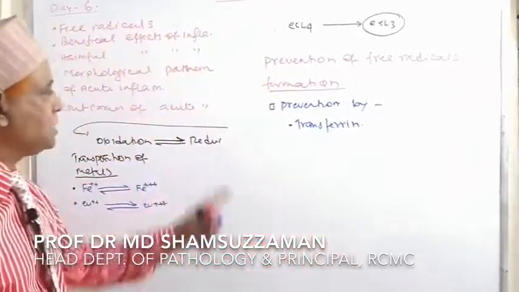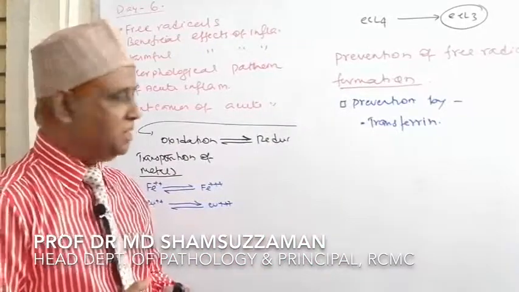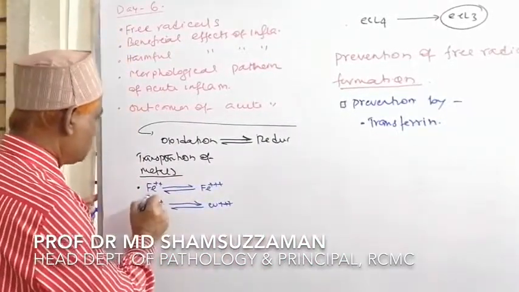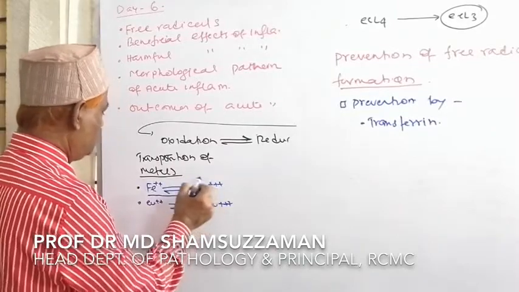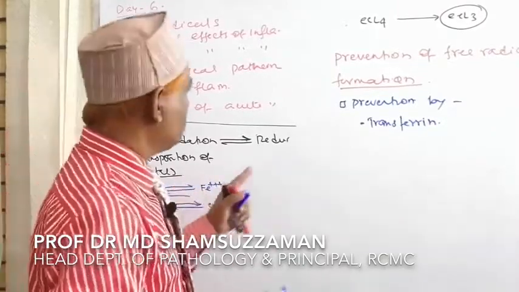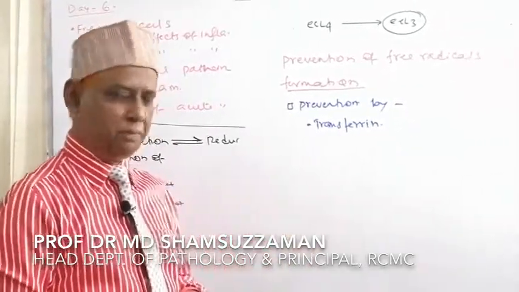Transferrin, you know, carries iron. If transferrin binds iron, there is less chance of conversion from ferric to ferrous and ferrous to ferric. So there will be prevention of free radical formation.